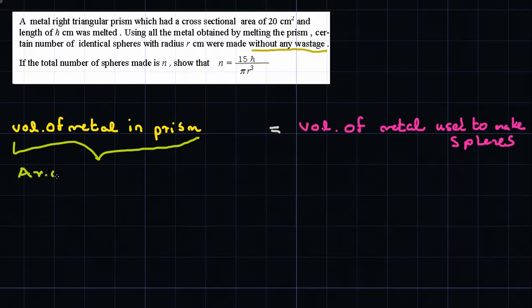Area of the cross section multiplied by the length. For any prism, this is the formula. The formula to find the volume of a prism is area of the cross section times length. All right, equals.